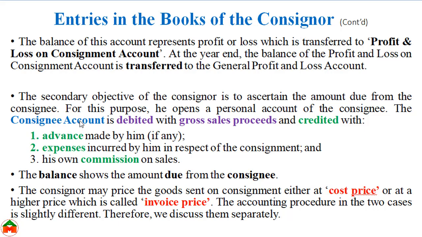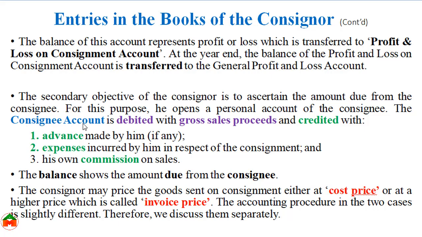In the consignee account, the gross sales proceeds, the sales revenue, should be shown on the debit side, and on the credit side, the consignor should show advances made by the consignee, expenses incurred by the consignee, and the commission that is payable to or received by the consignee. I am repeating, besides the consignment account, the consignor also prepares the consignee account.